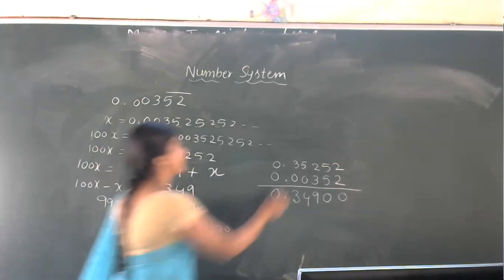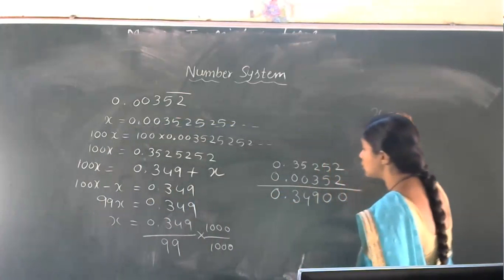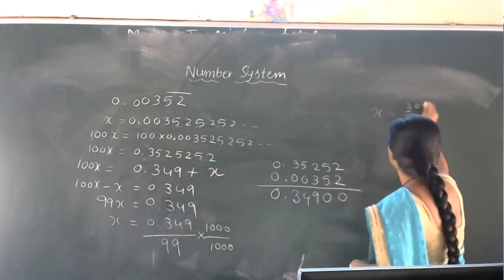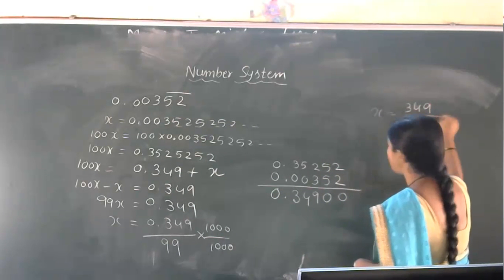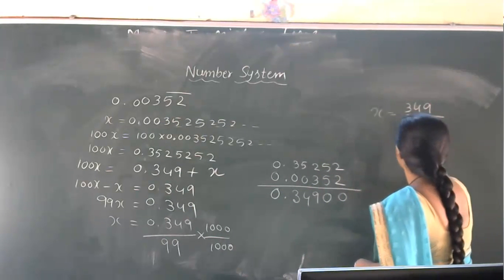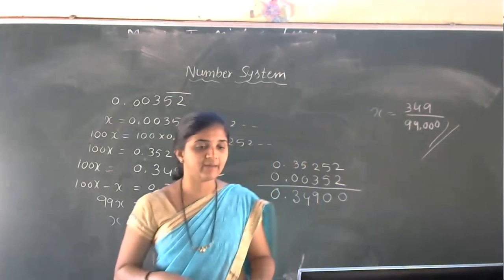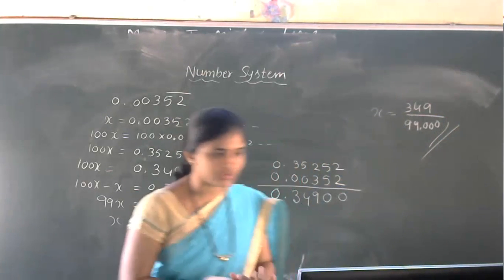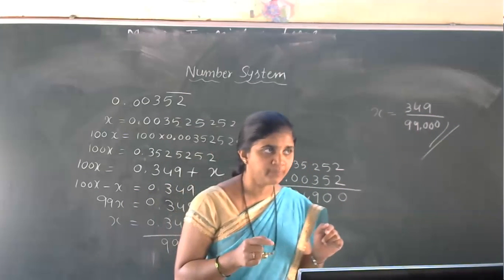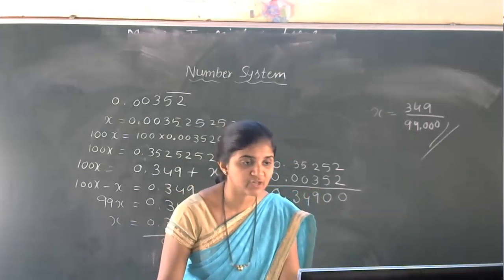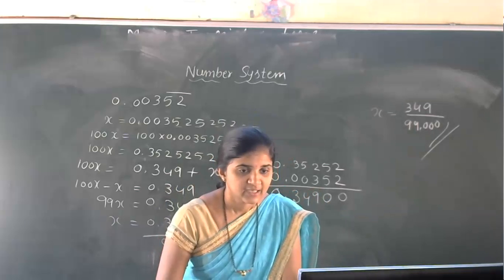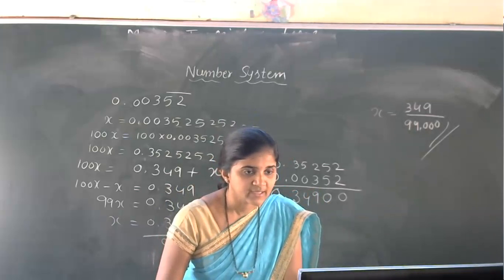Then what will you get actually? x is equal to 349 divided by 99,000. Got the idea of this problem, no? You got the revision part of this question, right? Yes. So we'll move on to the next question.